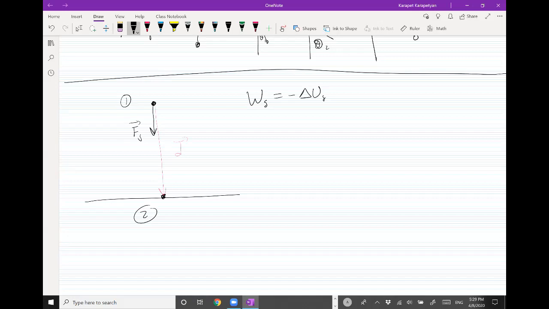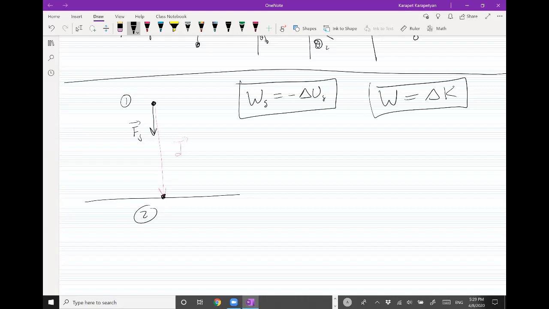But we also learned another equation a little while ago, that work done also equals the change in kinetic energy of the system. This is the work-energy theorem. This is for any type of work done: any type of work done equals delta K, but only conservative forces, when they do work, equal negative delta U. Right now we are working with a conservative force.